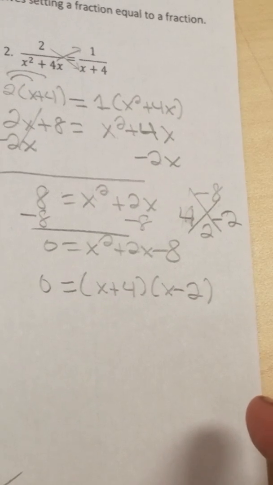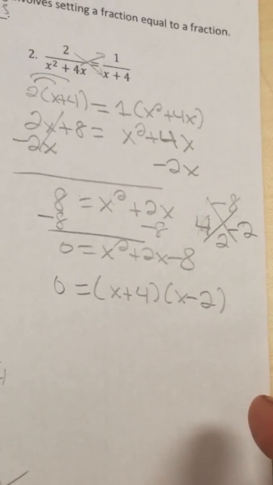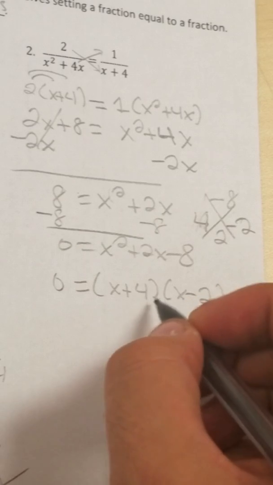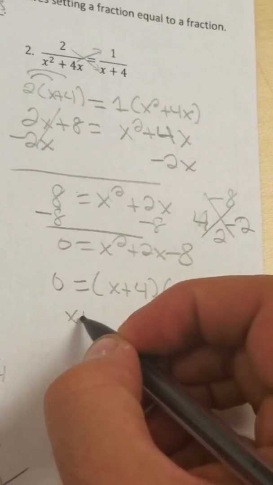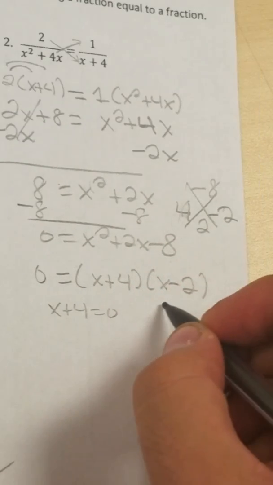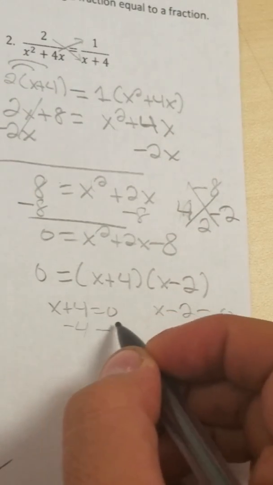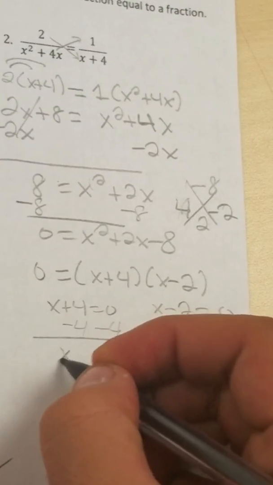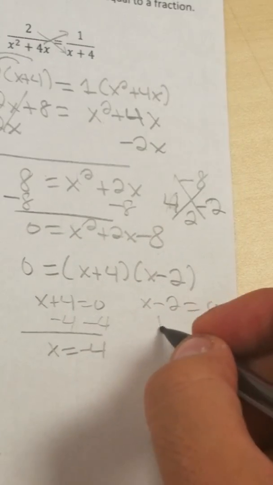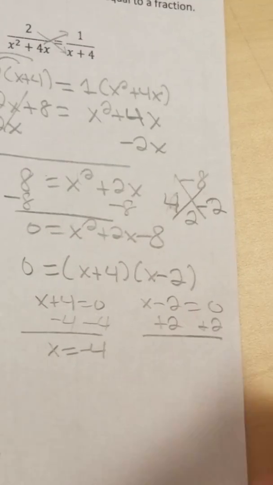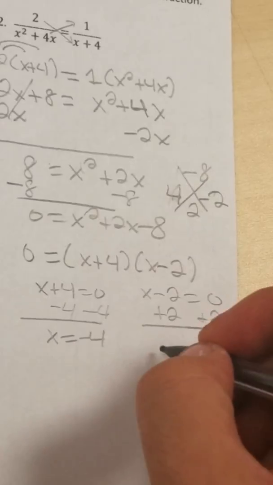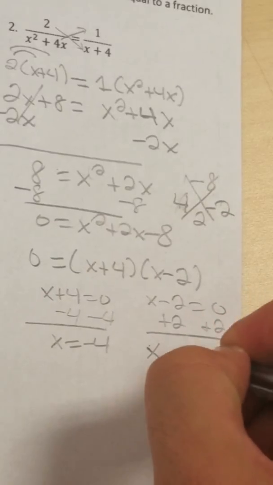All right, so now we can go ahead and solve for x. So we're going to make this 0, make that 0. So x plus 4 equals 0, and then x minus 2 equals 0. So solve for x here. x equals negative 4. Do the same there. x is equal to 2.